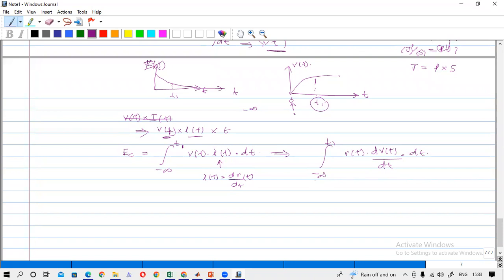You can see that this dt cancels out and you will get v(t) into dV.